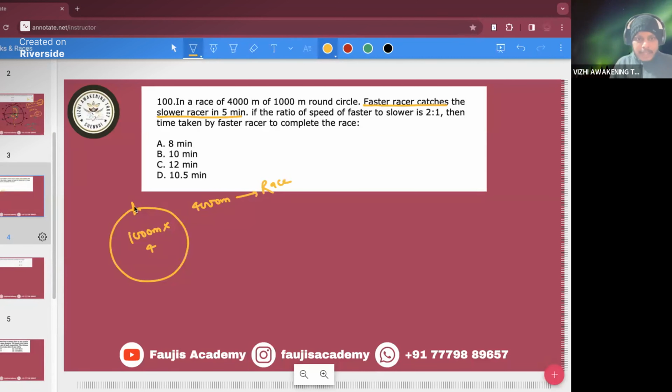Right. And what it means is that, let's say, A and B both started running. Their speed is constant. They don't get tired. They just keep running at one single speed. That's how it happens in these types of questions.